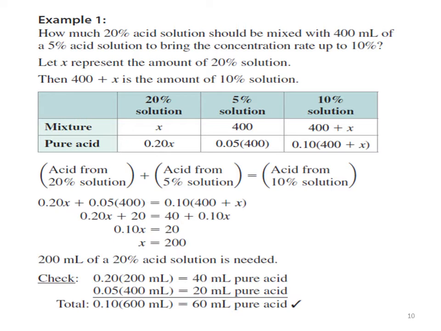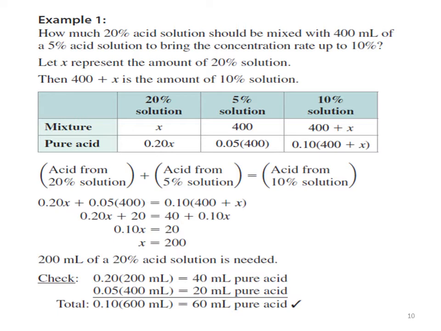The first solution, the 20% solution, we don't know how much we need. That's x. For the volume of the 20% solution, that's x. Since this is a 20% solution, the amount of acid in this solution will be 20%, or 0.20x. The second solution, we know the volume, 400 milliliters, and we know the concentration is 5%, so the amount of acid is 5% of 400, or 0.05 times 400.